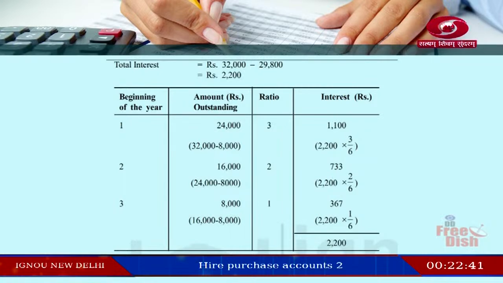That way, out of 2200, 1100 rupees were included in the first year installment, 733 rupees in the second year annual installment of 8,000 rupees, and 367 rupees as interest in the third year installment of rupees 8,000. So this is how we can calculate the amount of interest included in the annual installments.